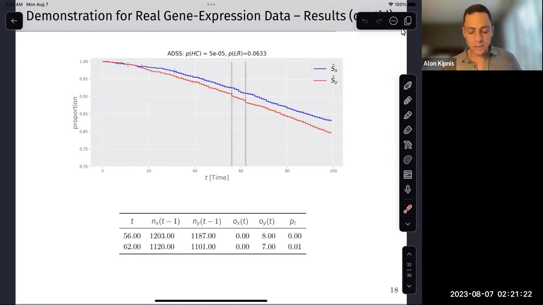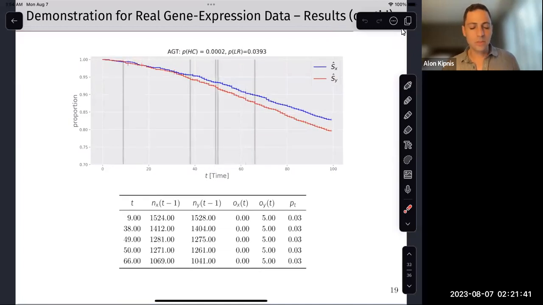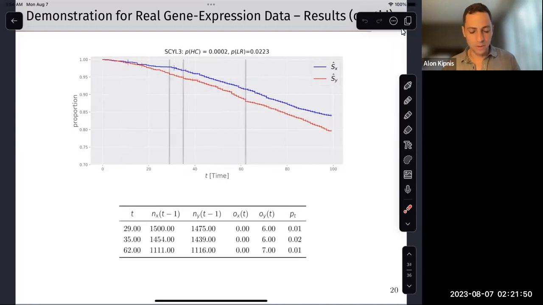You can see that those instances are definitely associated with very small p-values, and the higher criticism threshold thinks that those are important points to look at. Potentially there are other points that can witness a difference, but those were reported by the HC threshold. And you can see similar pictures for other genes. Here's another gene with some other potential values, and then another one.